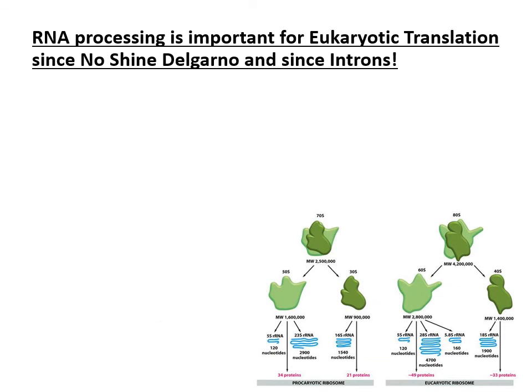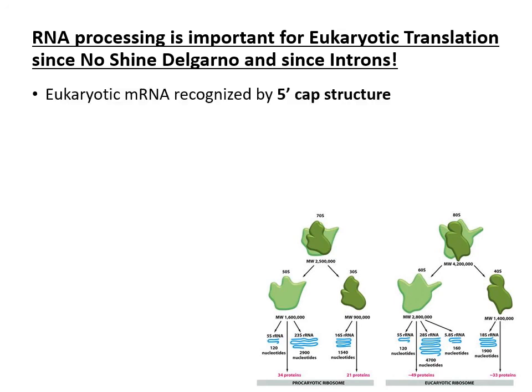The last thing I have over here with regard to RNA processing is that it's important for eukaryotic translation, since there's no Shine-Dalgarno sequence in eukaryotes and there are introns that you don't find in prokaryotes.